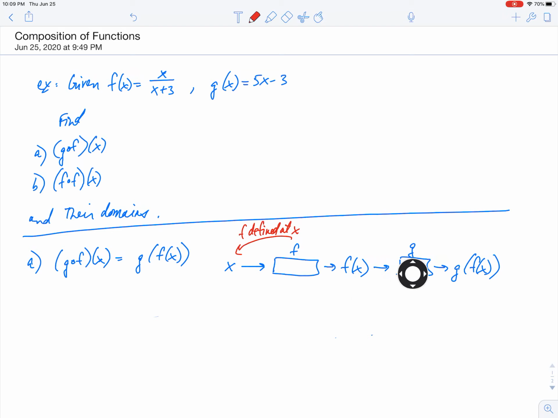So g doesn't have to be defined at x, g has to be defined at f of x, and that's something to keep in mind when we're considering the domain of these functions.